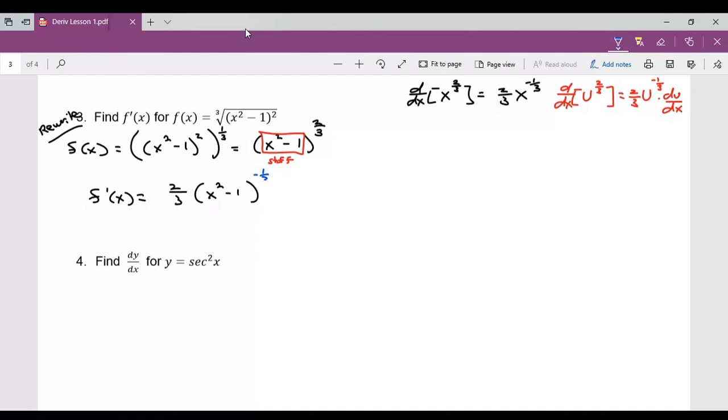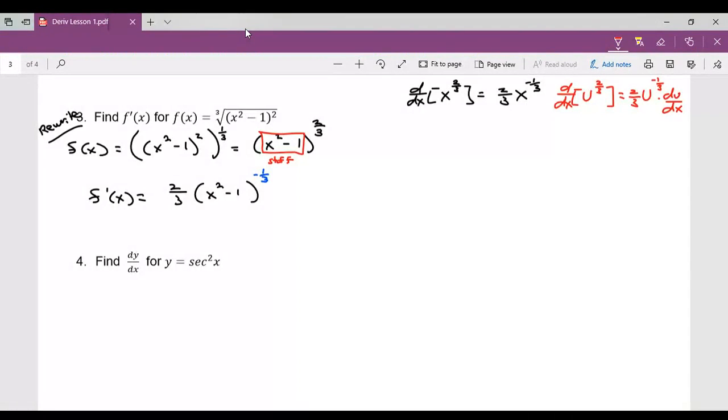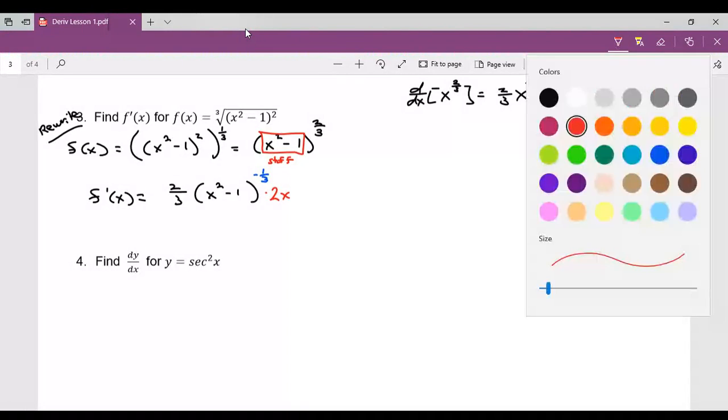And I'm putting that in blue because everyone forgets to do that when they start doing the power rule with the chain rule. And then times the derivative of stuff. Stuff happens to be a difference, and the derivative of a difference is simply the difference of derivatives. So the derivative of x squared minus 1 is simply going to be 2x. If stuff was a product, I'd have to use the product rule. If stuff was a quotient, I'd have to use the quotient rule. So you can't forget the rules that you already know.